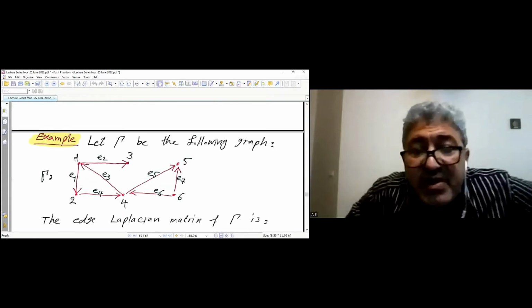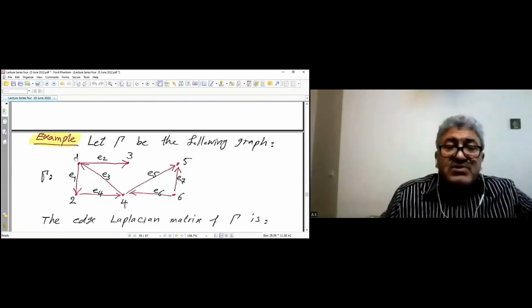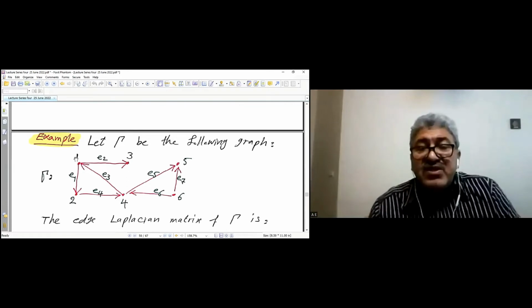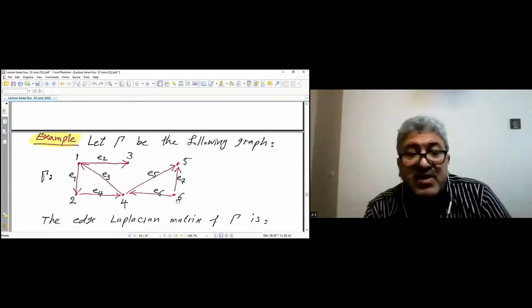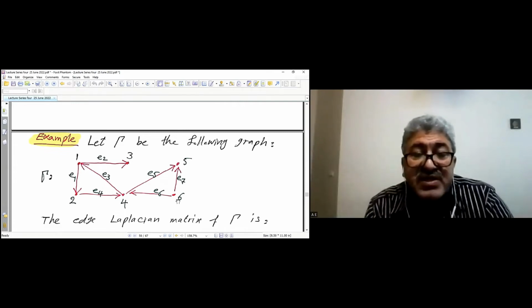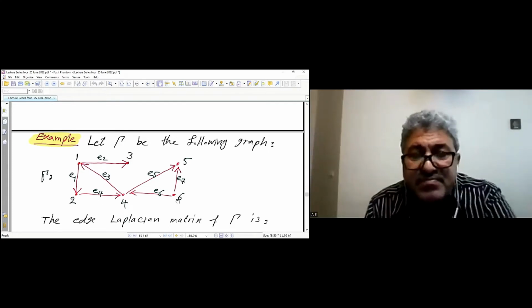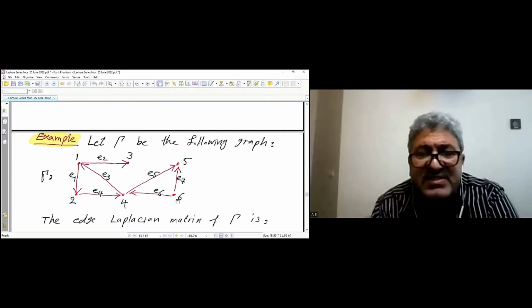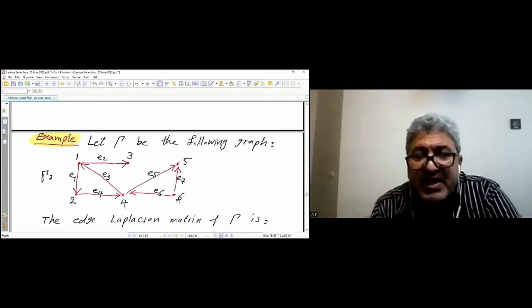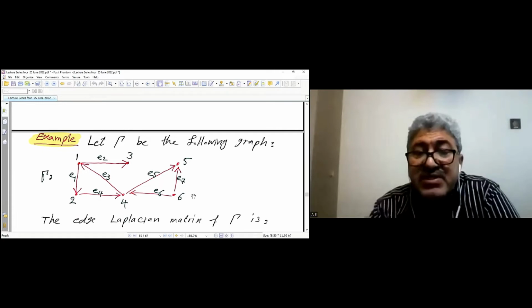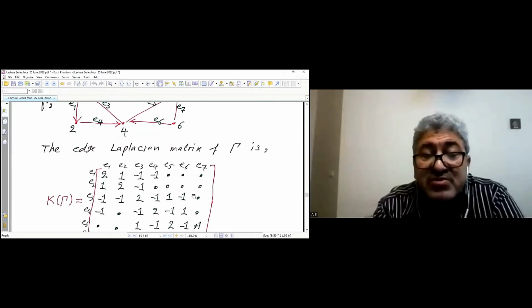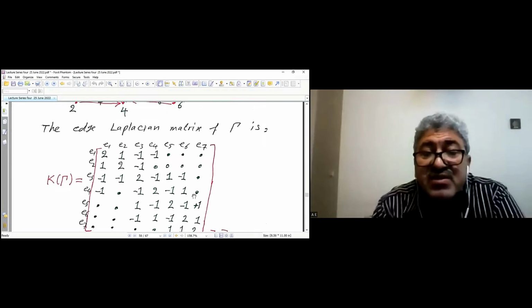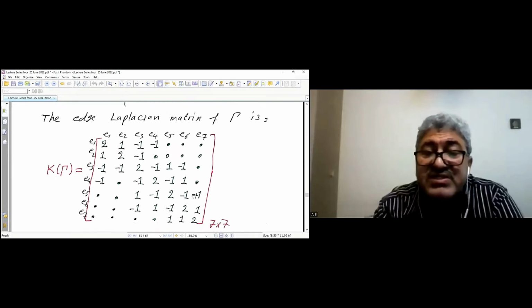As an example, suppose that we have a graph gamma with 6 vertices and 7 edges. So the edge Laplacian matrix is a 7 by 7 matrix, and as you can see, the rows and columns are indexed by these 7 edges.